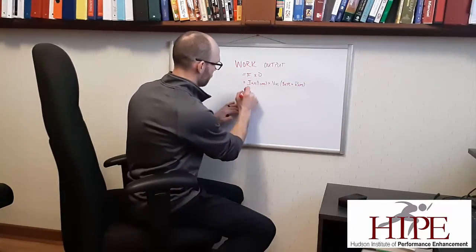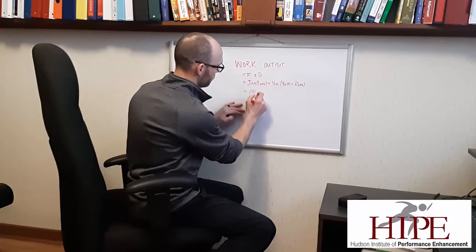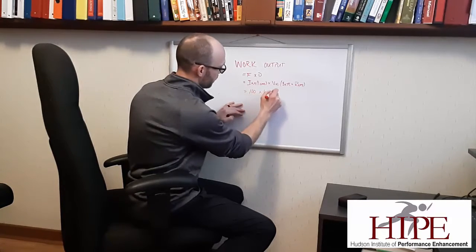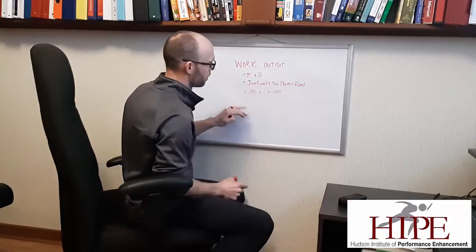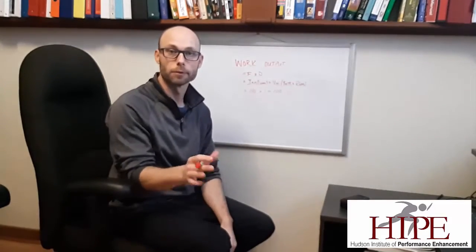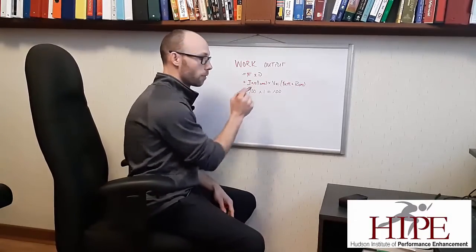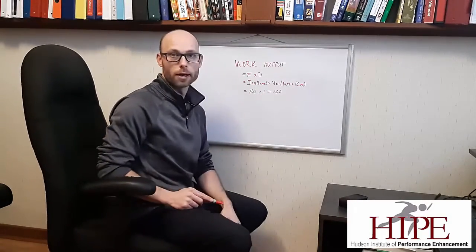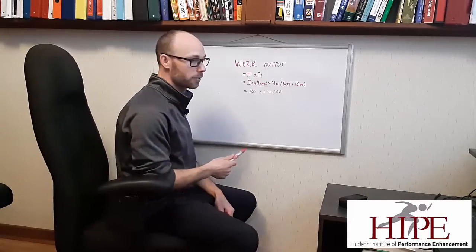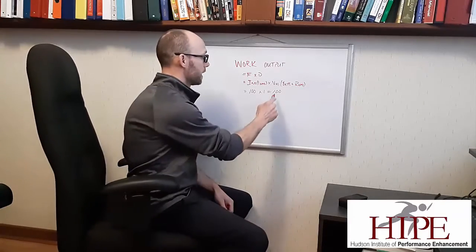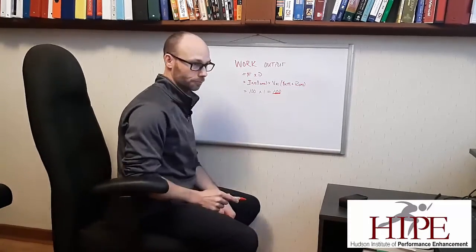As an example, we lift 100 pounds and we perform 1 rep. That gives us a total work output of 100. Just to keep it really simple and not get into all the math and all the other stuff. You lift 100 pounds, you perform 1 rep, that's your total work output. Your primary objective, doesn't matter what your goal is, is to increase this number.